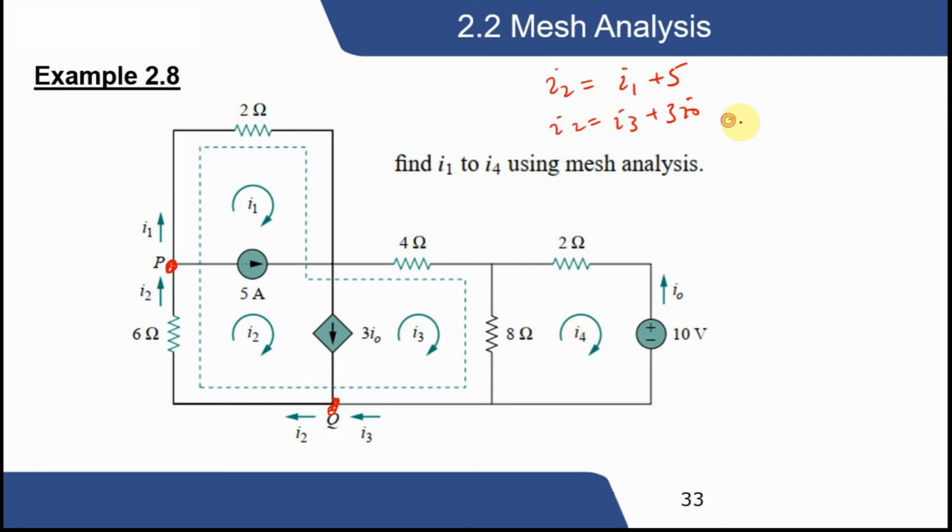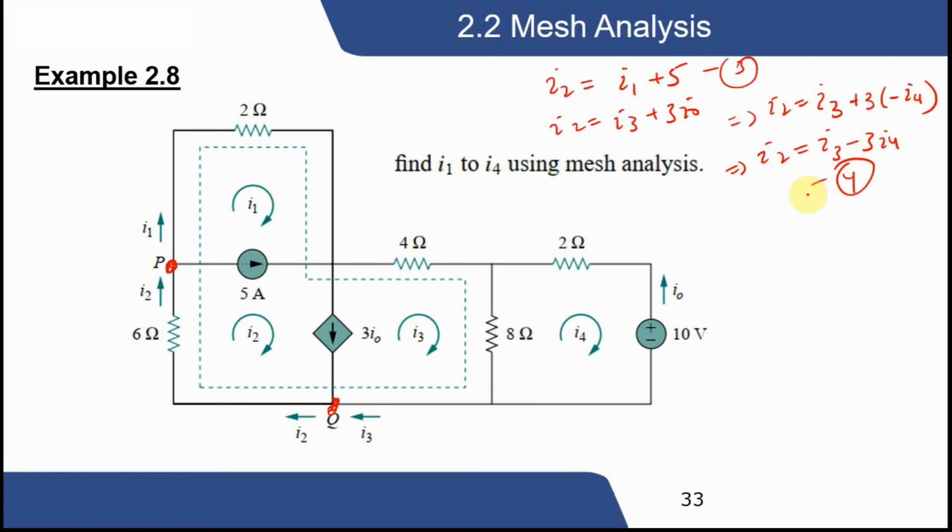So we can put it also like this: I2 equals I3 plus 3 times minus I4. So we have I2 equal to I3 minus 3 I4. So this is equation 3, and we have another equation 4.